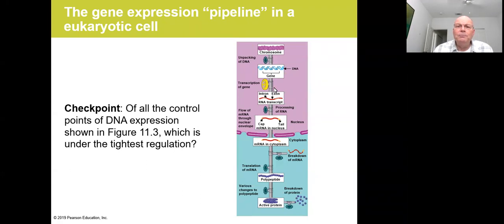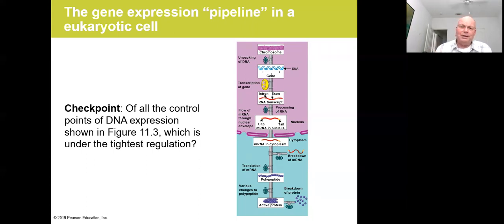Then we have the actual process of transcription. And if you recall from our discussion of transcription in eukaryotes, there are several ways in which the gene can be regulated, most notably in terms of the presence of introns and exons in the transcript and the requirement to cut out the introns and splice the exons together.